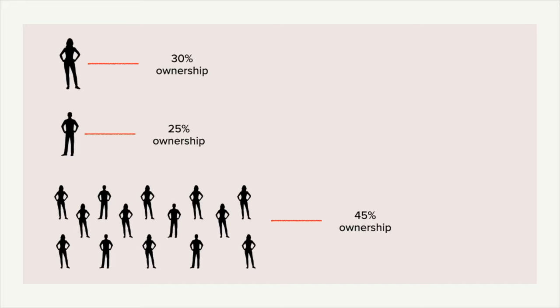So in that illustration, the stockholder owning 30% and the stockholder owning 25%, even if they're the only two who are present in the election, can actually already go on because they are the owners of a majority of the outstanding capital stock.